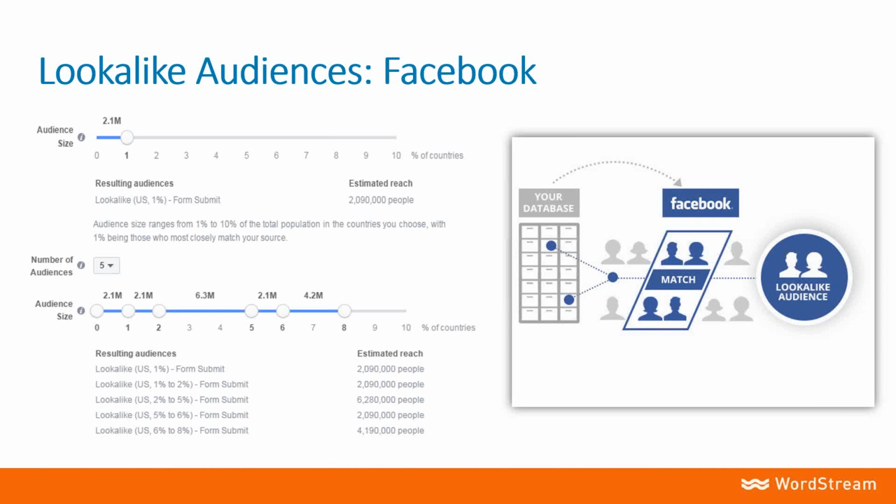So better than random traffic makes this way more valuable than like bench ads or something like that. But the closer the audience is to your seed, the more valuable this kind of targeting is going to be in refilling your funnel, keeping your nurture program going.